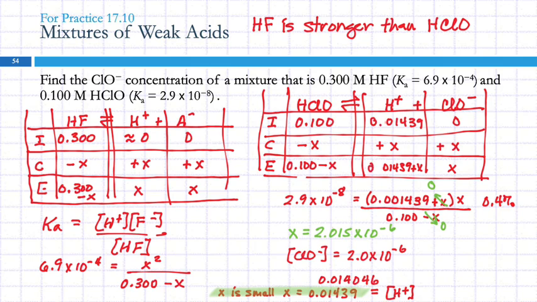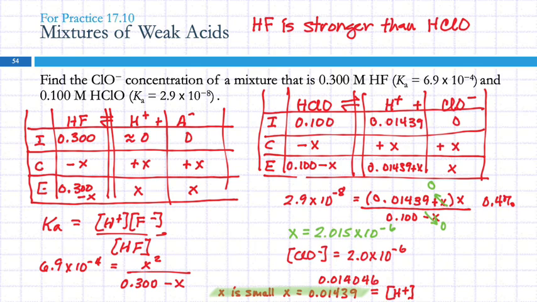And we have to go fix it over here. And 2.9 times 10 to the minus 8 times 0.1 divided by 0.01439.